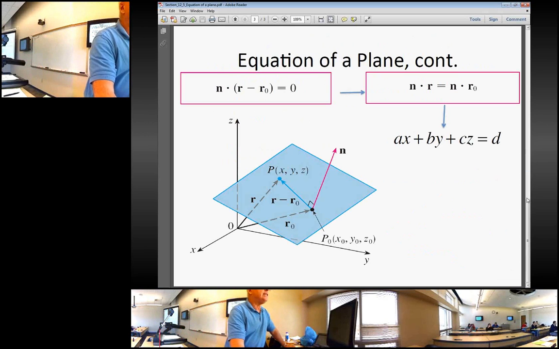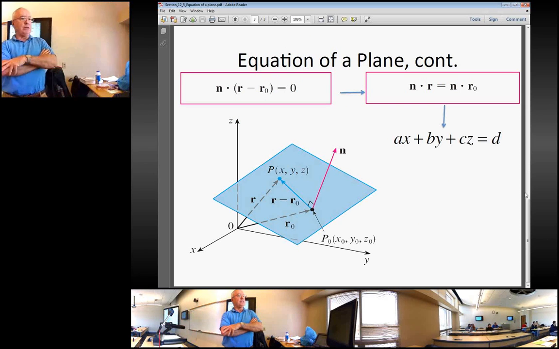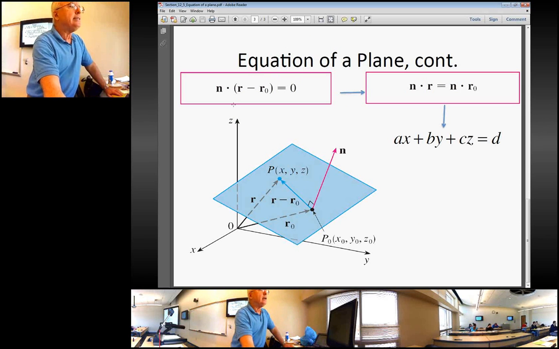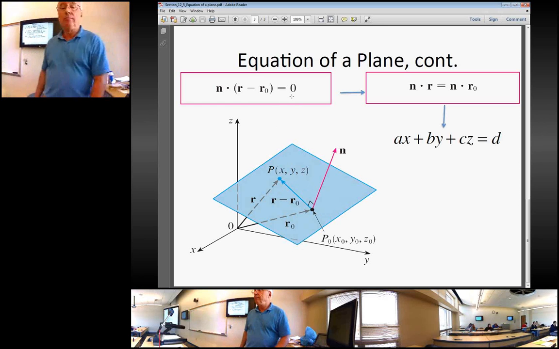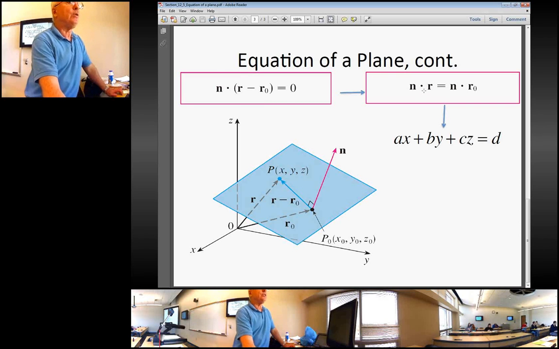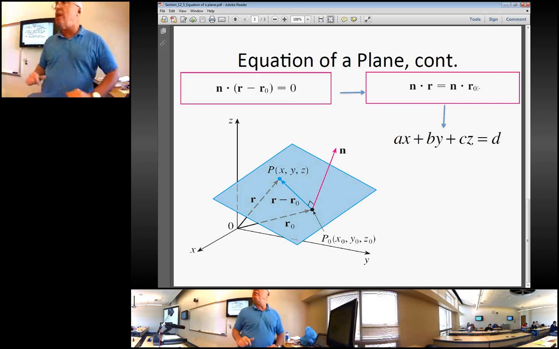So let's go to the slide for this one. Therefore this orthogonal vector n dot the displacement vector from any point minus the point that we're looking at is equal to 0. Now with the dot product we can distribute, and that gives us this equation. We can move n dot r naught over to the other side.